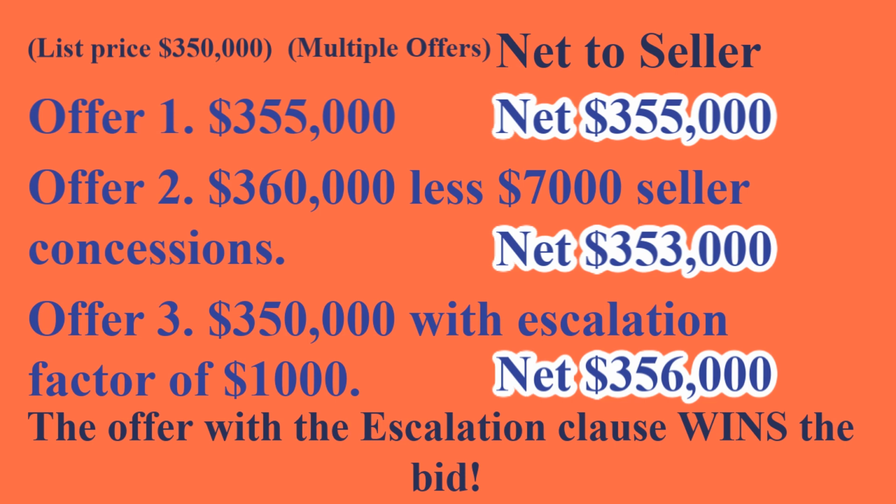So offer 3 was for asking price or list price at $350,000, but once that escalation clause was triggered, he had to compete with the $355,000 offer. So the escalating factor was $1,000, and he netted the seller $356,000.